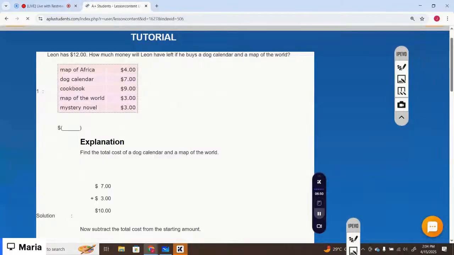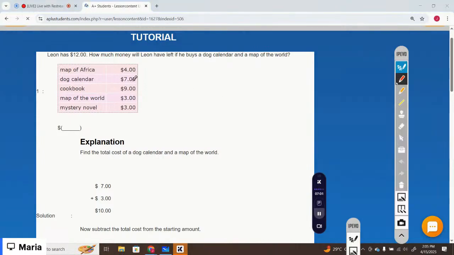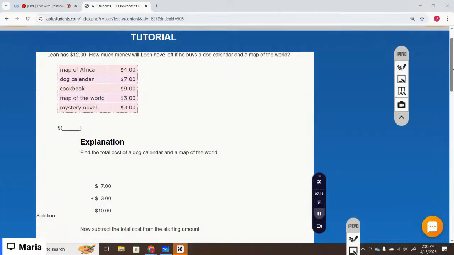Leon has $12. How much money will Leon have left if he buys a dog calendar and a map of the world? So he has a total of $12, right? You have to see how much money he has left if he buys a dog calendar. Dog calendar is $7 and a map of the world is $3, right?